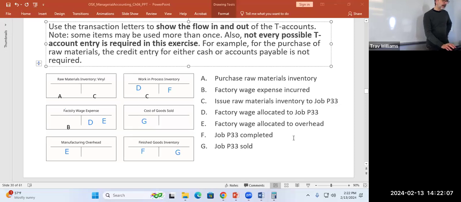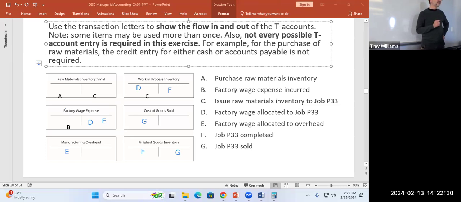They didn't have us do that in this case. Does your credit equal your debit from this number? Because A and B don't have the offset. Well, they do. For B, it would probably be factory wages payable, and we don't have that option here. And for the inventory, it'd probably be accounts payable.